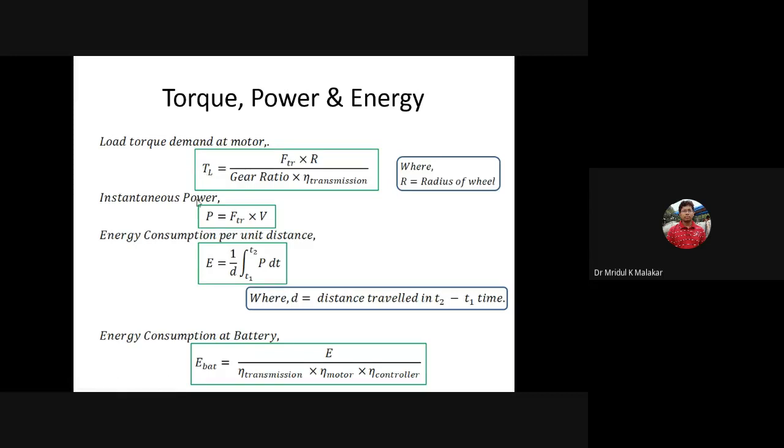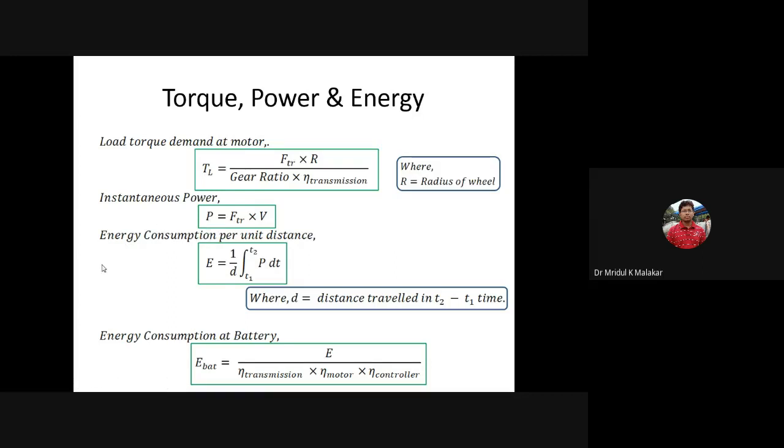Once we know that load torque and the total tractive force, we can instantaneously measure the power. Force into velocity will give the power. Once we know the power, that is the mechanical power required. The electrical power will also be the same.